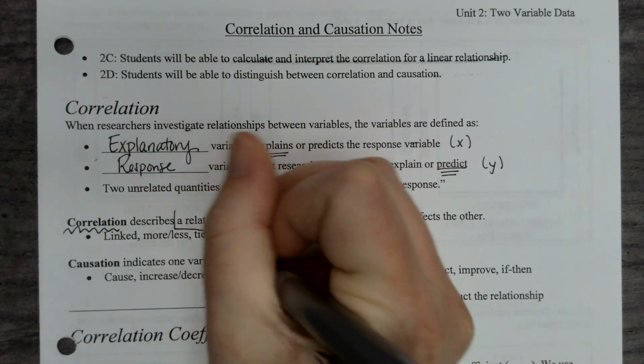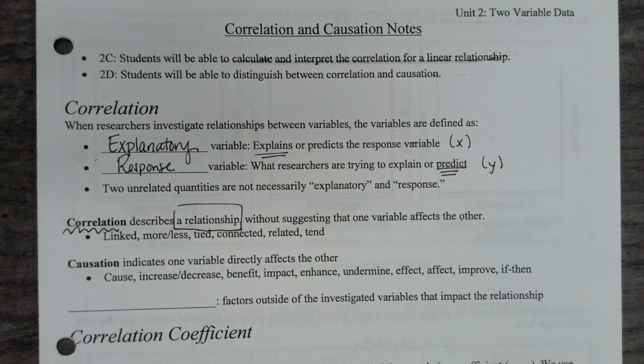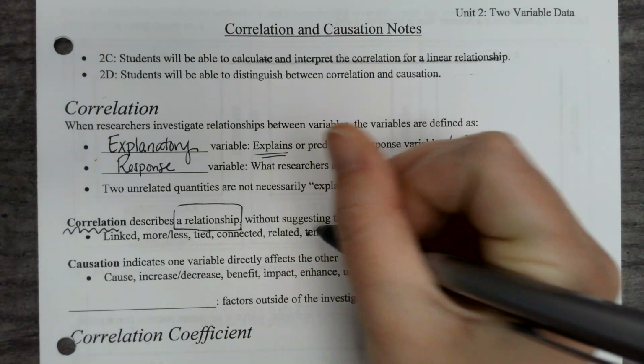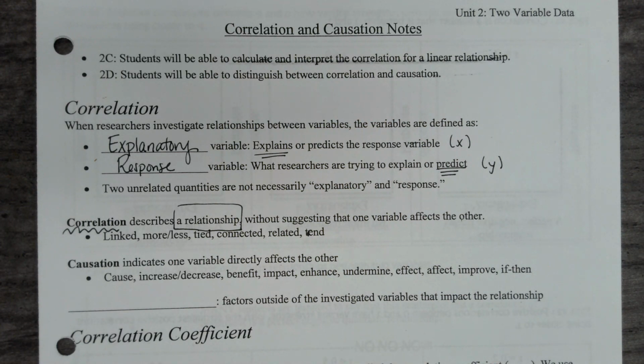There's possibly a link, a tie between the two. They're related somehow. There's some type of trend that's happening, without suggesting that one variable affects the other. So we're not saying that one causes the other variable to occur. We're just saying there's a relationship that we are seeing between the two.